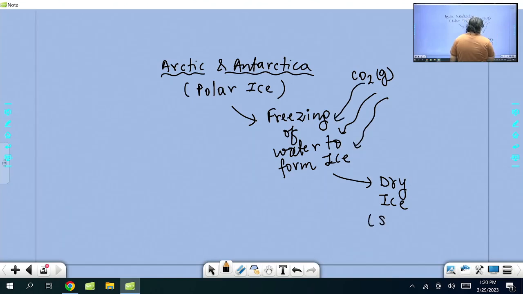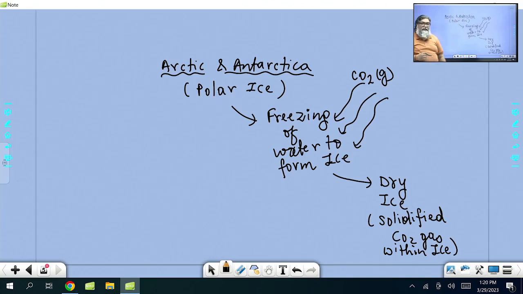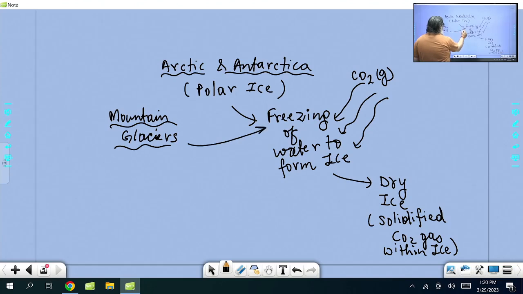It's called solidified carbon dioxide gas within ice. Within ice it gets solidified. The same thing also happens with mountain glaciers, let's say Himalayan glaciers. When they freeze, this dry ice is formed.